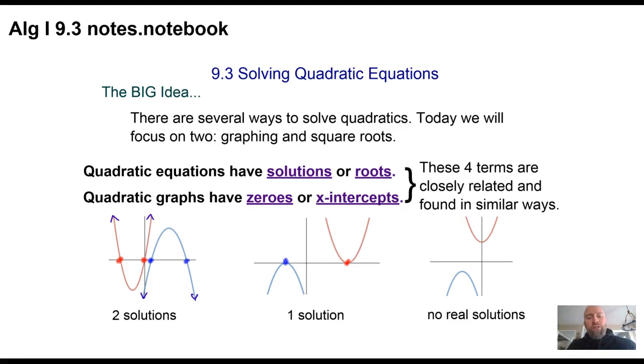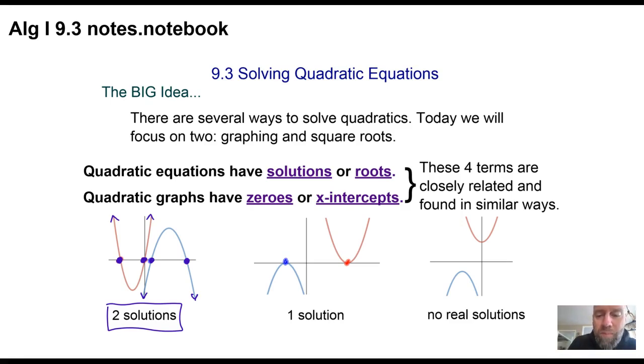The solutions or the roots or the zeros or the x-intercepts are right here, where the graph of your parabola intersects the x-axis. In this case, where you have two solutions, it's going to happen in those two locations where it intersects the x-axis.